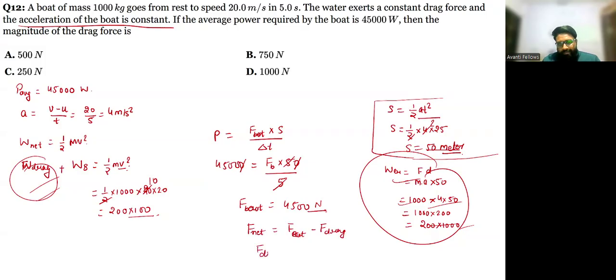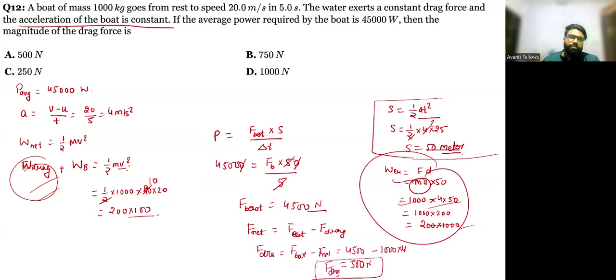So F drag is equal to F of boat minus F net, and F net is nothing but mass into acceleration. This F boat we have already calculated. Now F net is mass 1000 into acceleration 4. So around 500 Newton, the drag force is applied.